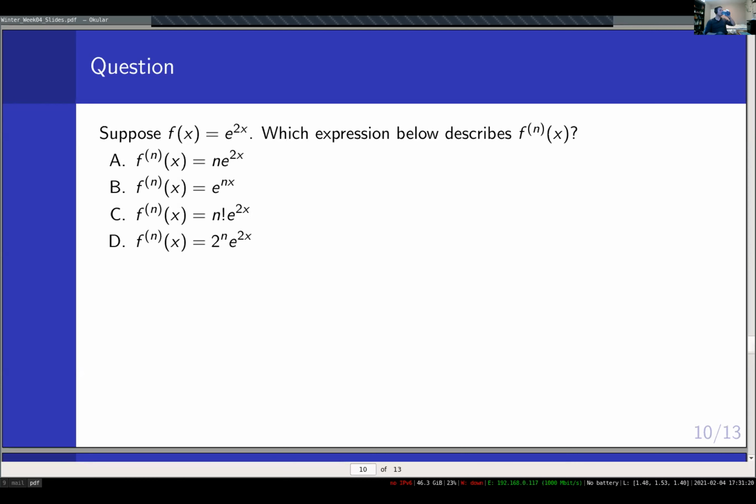I'm going to give you about 15 more seconds to get those last couple of votes in. All right, we were close. We had 92% on D and 8% on C. In this case, the mob is correct. So the answer is D.